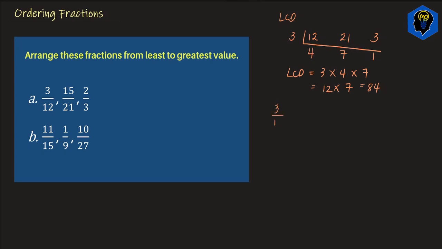So 3/12, we have to convert it to a fraction with the denominator 84. So dapat equivalent. And just to recall, how do we do that? So we have to divide 84 by 12. Okay? And then, whatever the answer is, we multiply it by 3.